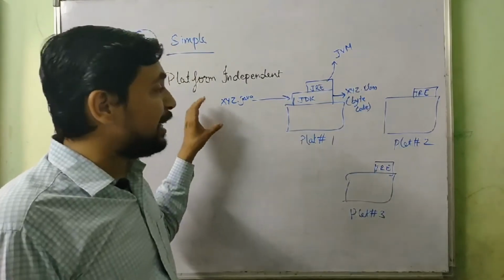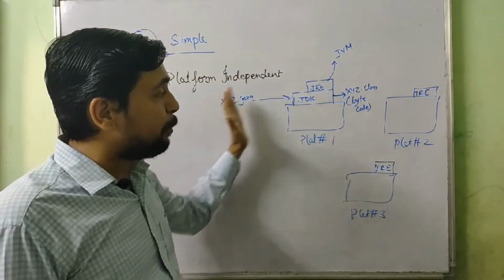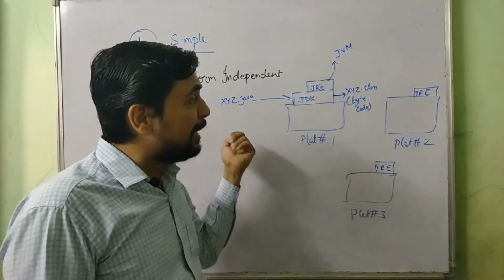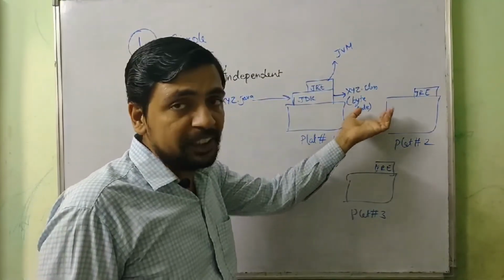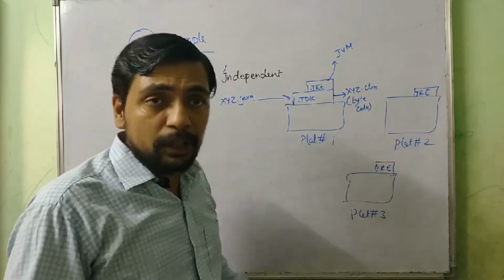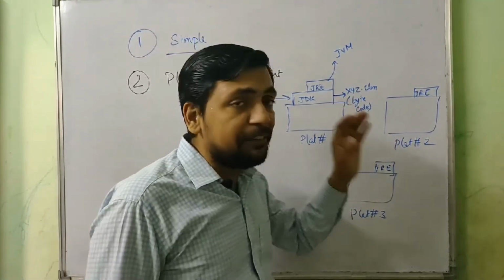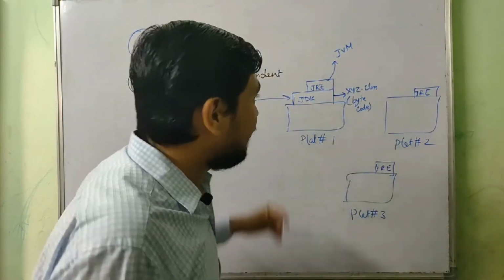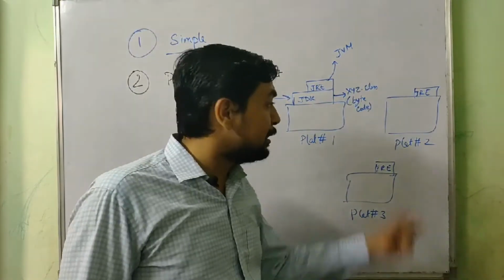So when I created that XYZ.java and provided it to JDK, the compiler of JDK compiles it and converts it into bytecode which is an intermediate code. Now the thing is, any JVM, any Java Virtual Machine, which is the interpreter also you can say, can understand this bytecode.